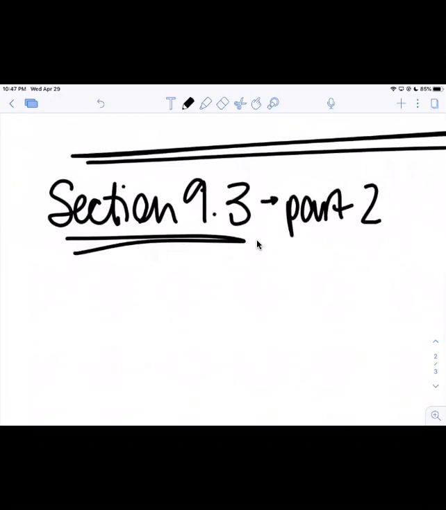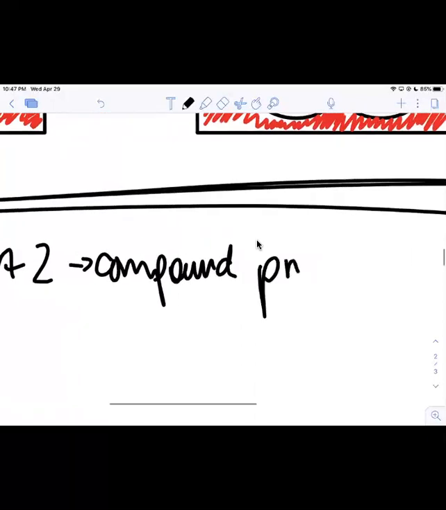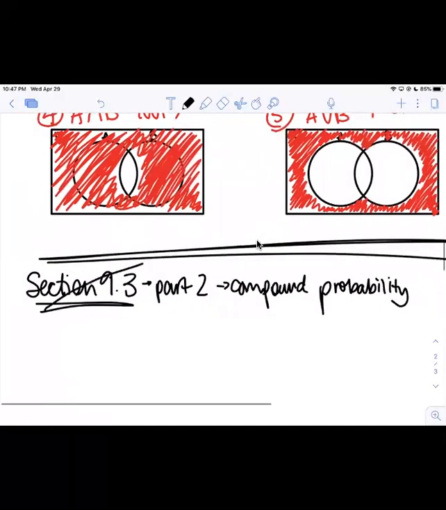And so first thing, compound probability. First thing is we need to define what a compound event is.